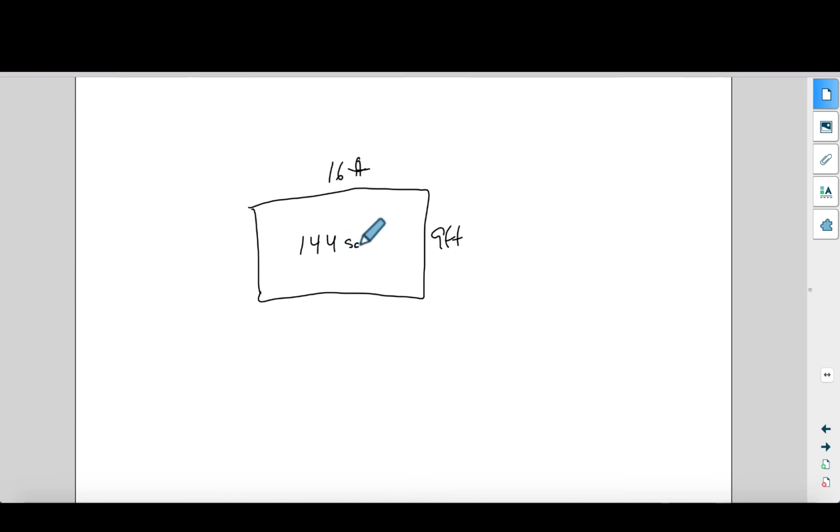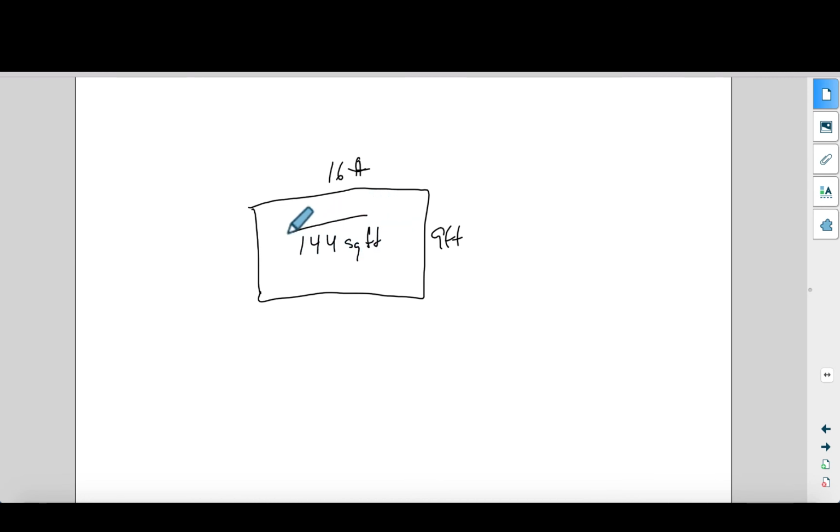Let's go to example 2. We've got a box here, or a room, and the room is 16 feet by 9 feet. Now 16 by 9 is 144 square feet, if you did that.